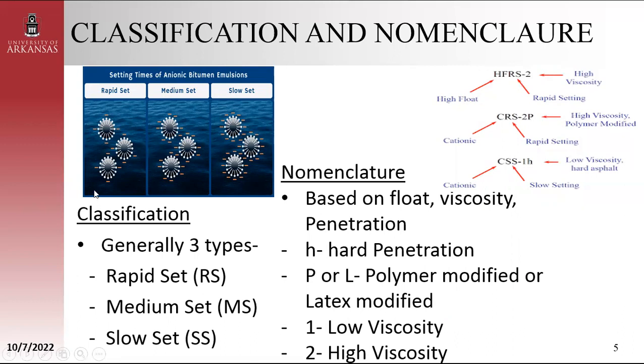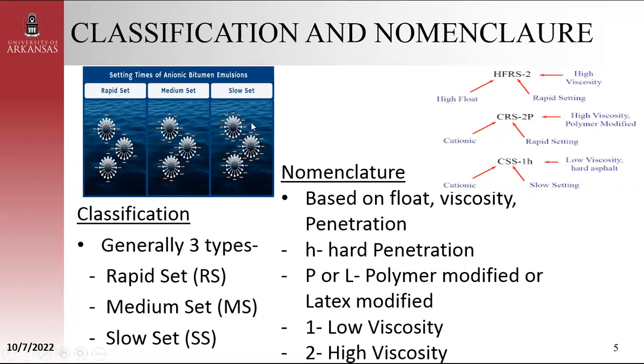If the emulsifier dose is lower, then it would be rapid set, because the emulsifier dose makes the separation between water and asphalt droplets. So it ensures the separation and dispersion. But for the rapid set emulsion, there will be less emulsifier dose. That's why they create less separation, less dispersion, so they will break very quickly.